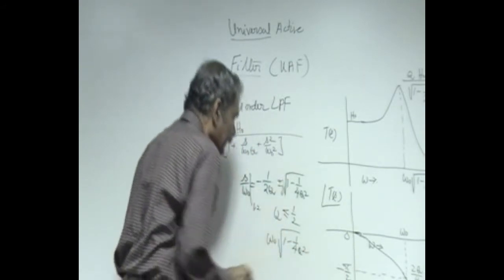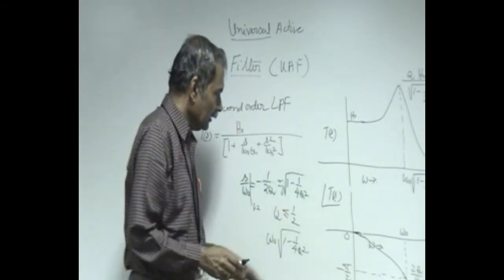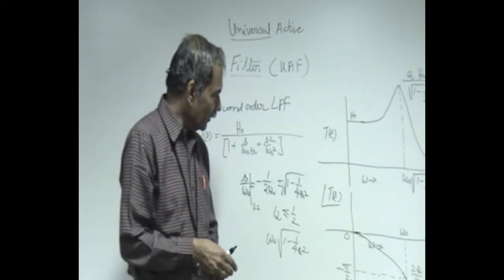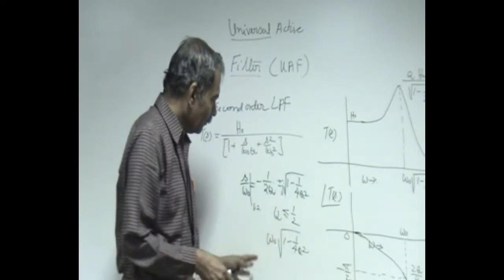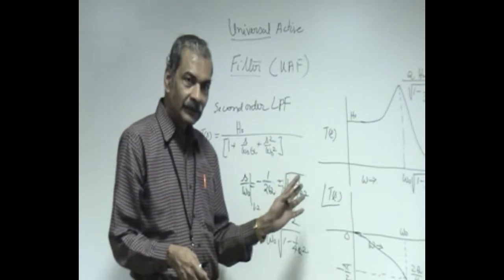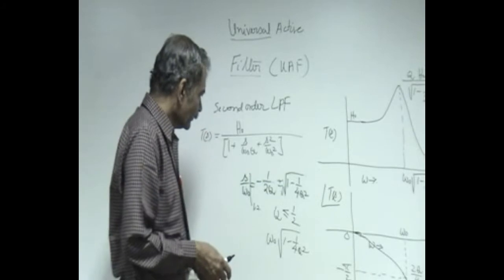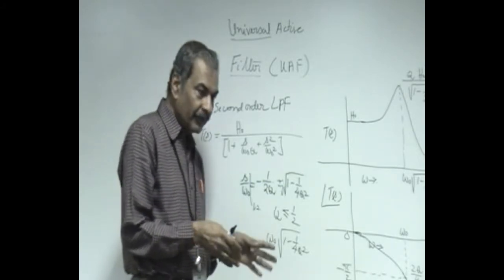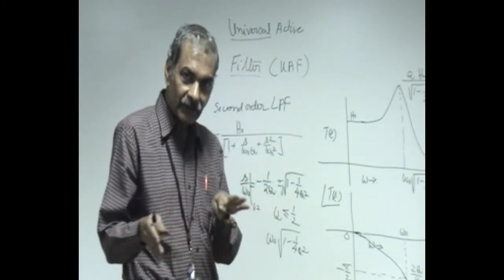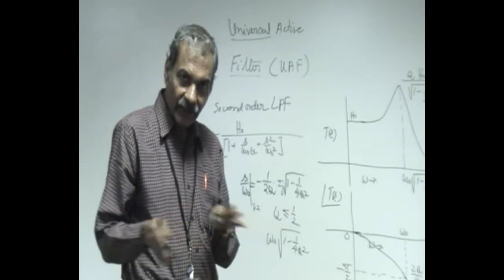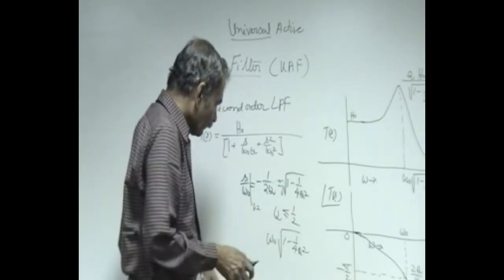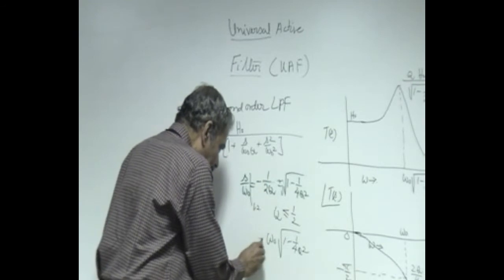This becomes j here. For Q greater than half, the pair has complex conjugate roots, whereas for Q less than half, it is on the negative real axis. It is overdamped. It is exponential. And the ringing frequency is given by this.